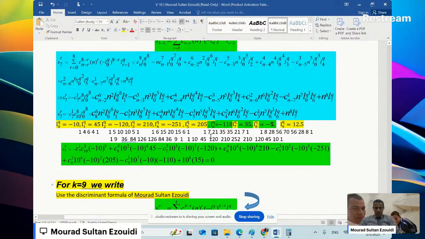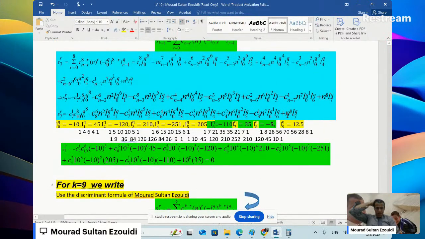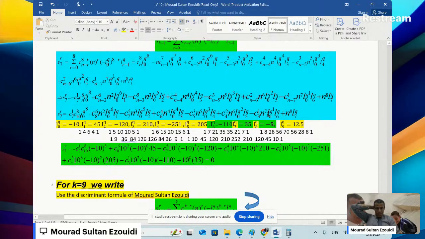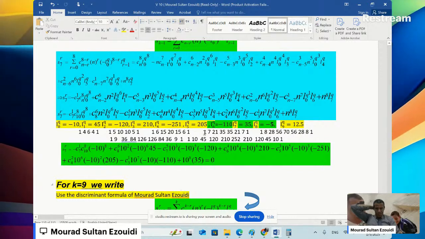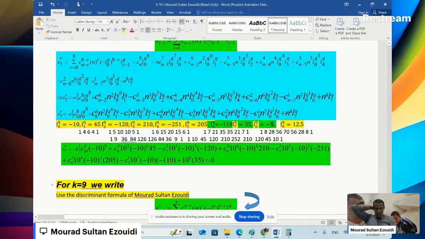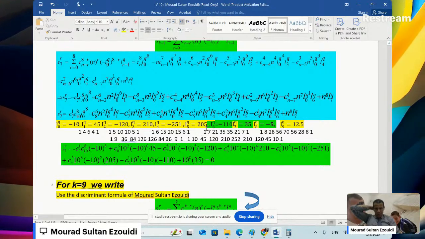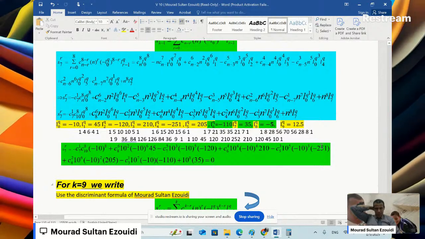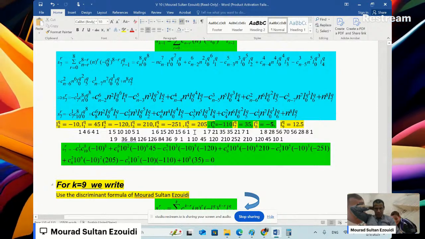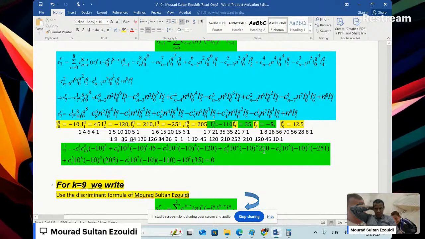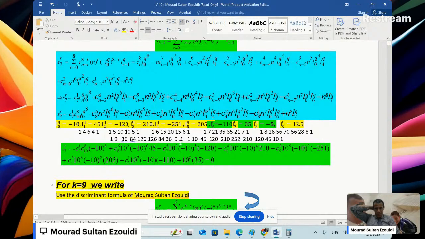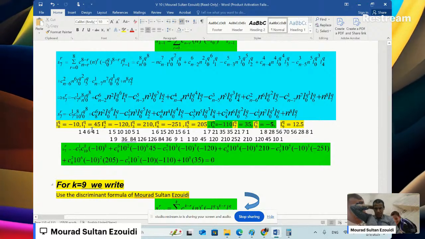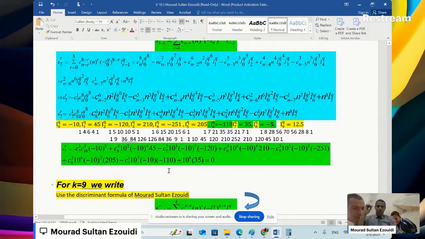Yes. So for 7 it is 35, and 6 is negative 120, that's why it's negative 120, and 5 is 205, that's why it's positive. And 4 is negative 251, and 3 is 210, positive, and 2 is negative 120, negative. Therefore negative 10, negative 10.